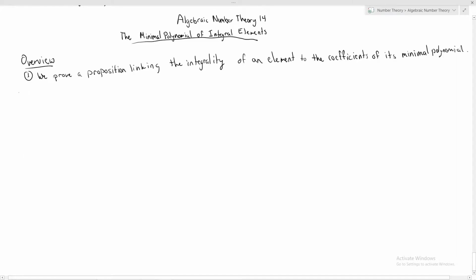So I'll go ahead and state the proposition. This is going to be 14.1. Proposition: let A be an integrally closed integral domain. This is an important condition.